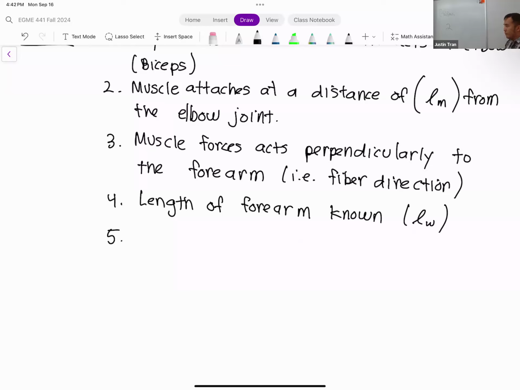And the fifth thing that we're going to assume is that in addition to the weight, the external weight that's being applied, we also have the weight of the forearm itself that's going to be playing a factor as well. So the weight of the forearm, we'll call that WA.